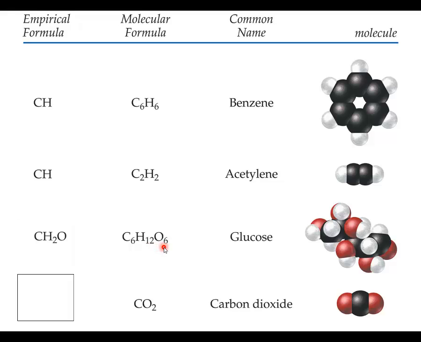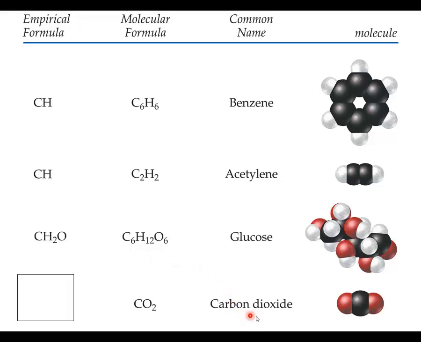So the empirical formula is CH2O, or C1H2O1. Right? So that's my simplest ratio, that's my empirical formula. A lot of experimental techniques will help us find these empirical formulas, and then we'll have to analyze the compound in greater detail to find a molecular mass and then find the actual molecular formula.